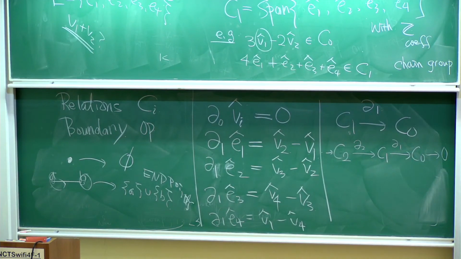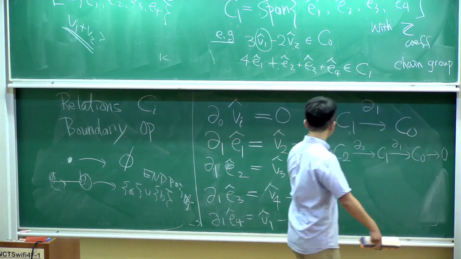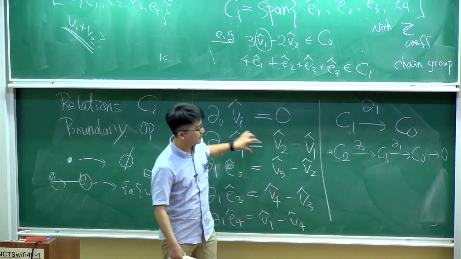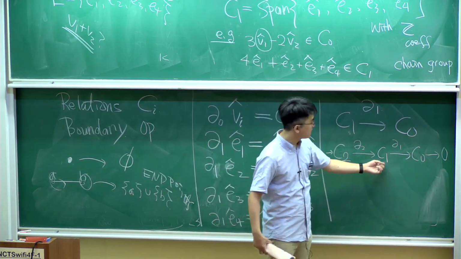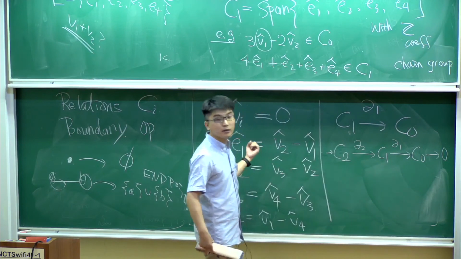Right? So in the algebraic topology world, this is called a chain complex. This can be infinitely long, but only finitely many are non-trivial. So in this case, this can go on forever, but all of them are zeros. The only non-trivial ones happen in C1 and C0. Everything else will be 0.